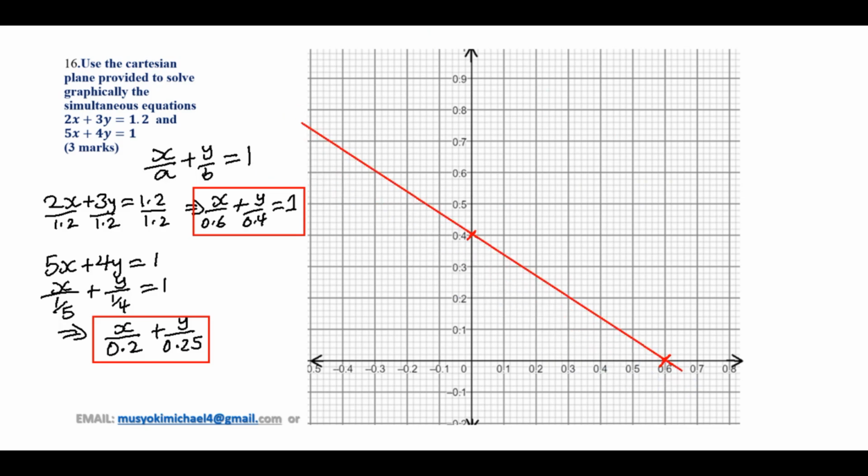Then I label it as the original equation, 2x plus 3y is equal to 1.2.